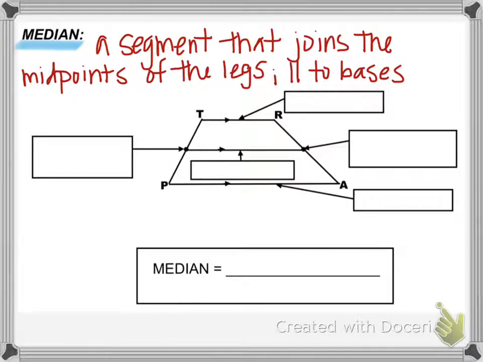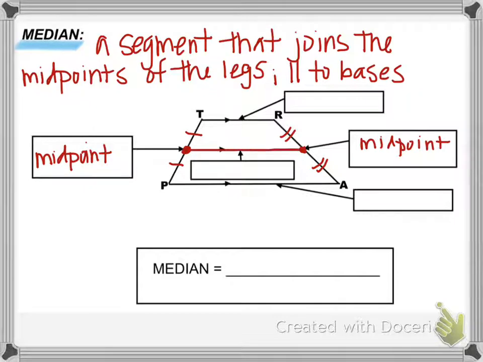So if this is the midpoint, can't spell, of this left leg, right? Here's the midpoint. And then this guy is the midpoint of this right leg. So notice my legs aren't necessarily congruent.